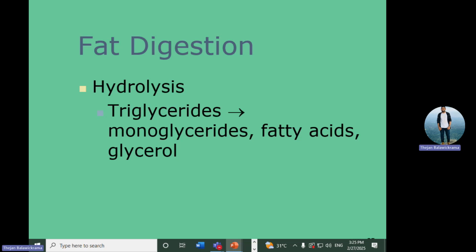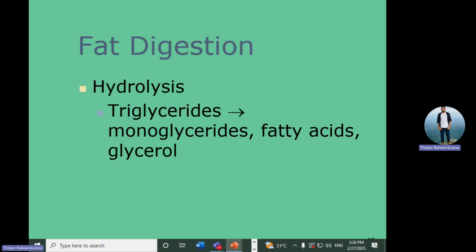Those are the building blocks for fats. In digestion, it is the opposite. Digestion is always a reaction with water, which is why, in the previous lecture also, we talked about water having to be there for us to digest.